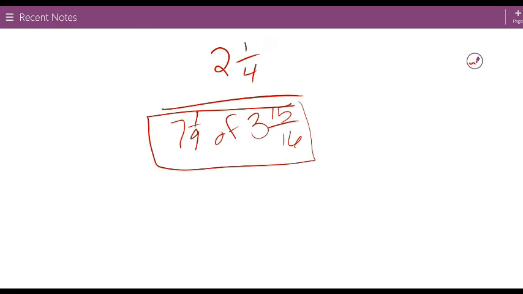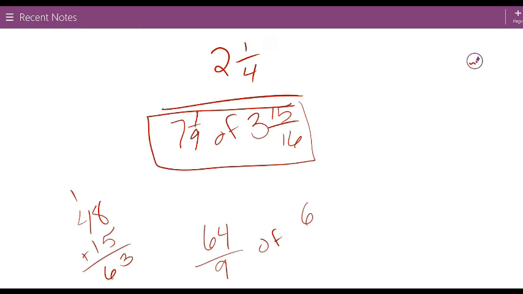Anyway, so 7 times 9 is 63. So then we'd have 64 over 9 of 3 times 16. 3 times 15 is 45. So that'd be 48. 48 plus 15. 63 over 16. And they just like their big numbers.